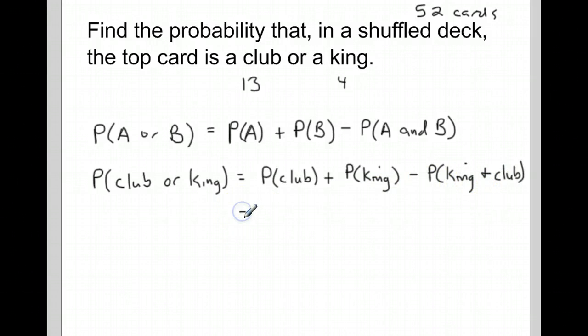So the probability of a club, because there's 13 clubs and 52 cards in the deck, there's a 13 out of 52 chance that it's a club. Plus the probability it's a king, there's 4 kings out of the 52 cards in the deck. And then minus the king and the club. Of the 52 cards, there's one card that's a king and a club. So that's the king of clubs.